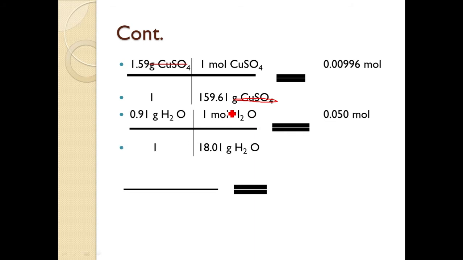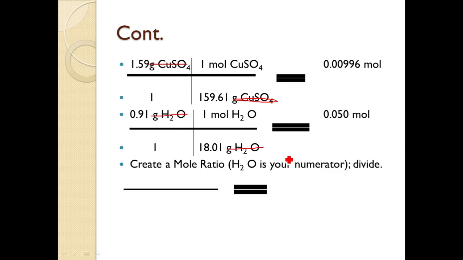Do the same thing with the water. Mass of water is 0.91 grams of H2O. 18.01 grams is the molar mass of H2O. You can cross off grams of H2O, divide 0.91 by 18.01, and you get 0.050 moles of H2O.